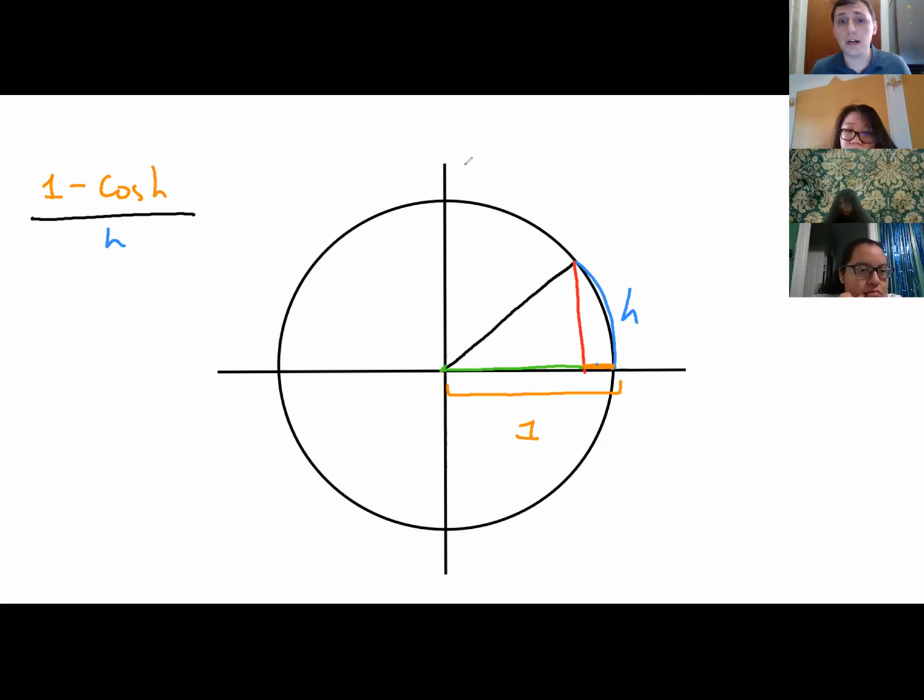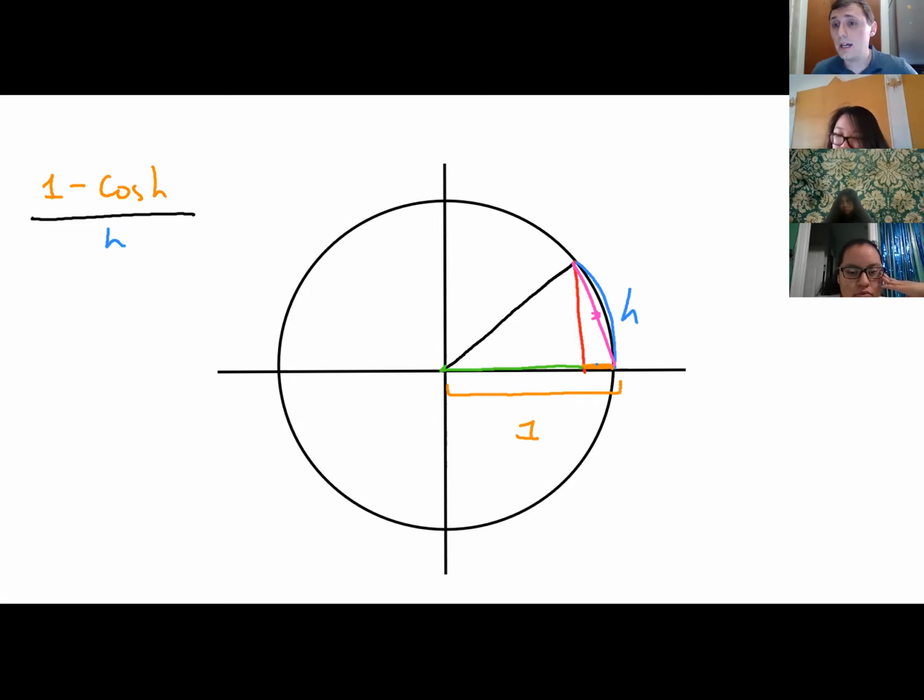Now, how can we figure out what it should be? It's a little bit more difficult. Let's see. Let's use this color. Do you see that I can have this hypotenuse, right? So we have a right triangle and we have this hypotenuse. Now what's happening as h is decreasing? This hypotenuse is going to be more and more the length of h, just like the sine is going to be more and more the side of h.